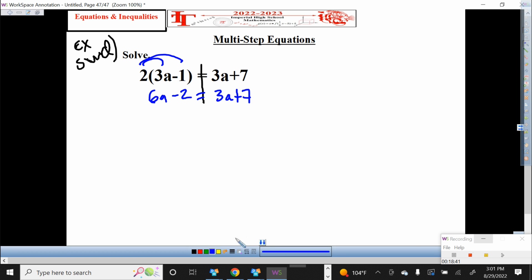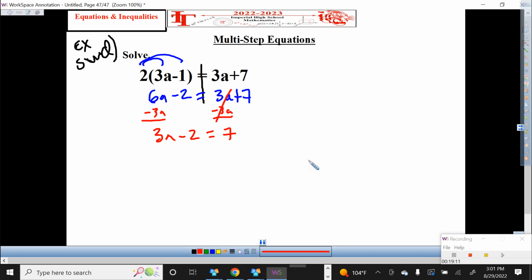What do I do? Yeah, we got that. So from here, subtract 3a from each side, we get 3a minus 2 equals 7. Hands if you got that.